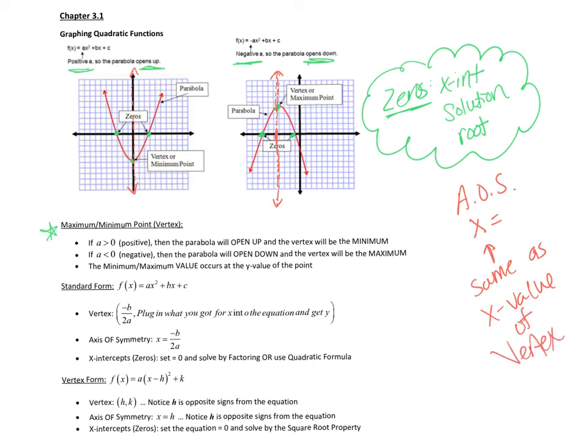So when I find this vertex point, x, y, the axis of symmetry is going to be that very same x value. Same thing here: I find this vertex, x, y, and the axis of symmetry would be that same exact x value. I can easily tell this from a graph, but the next thing would be to also be able to identify it from an equation. So that's what we're going to look at here in just a second.